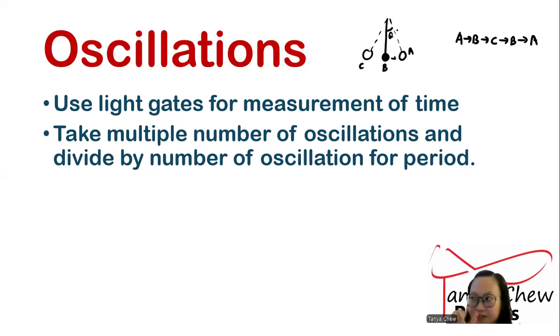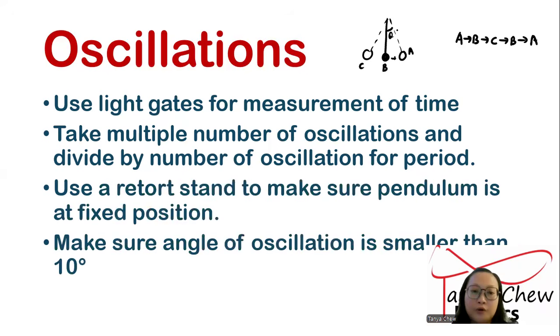Then take the total time divided by 5, because I took 5 oscillations, and that gives you your period. Or you could use a retort stand to make sure that the pendulum is at a fixed position, instead of just holding it, where sometimes you hold it at different angles.